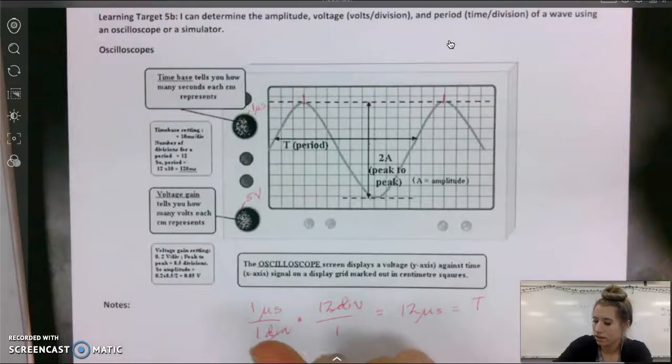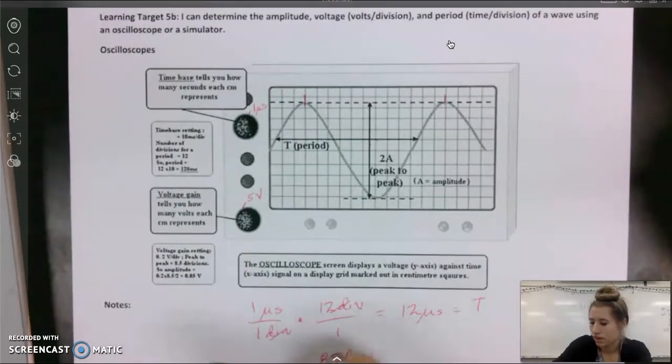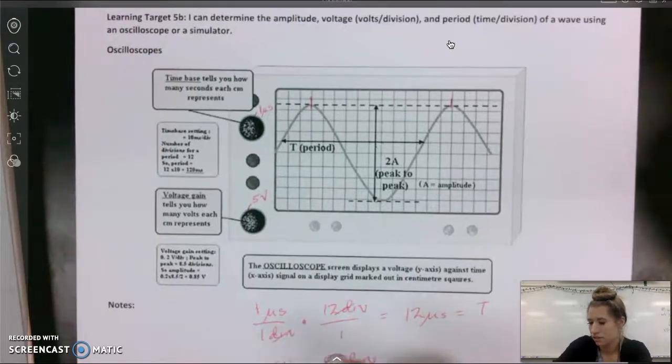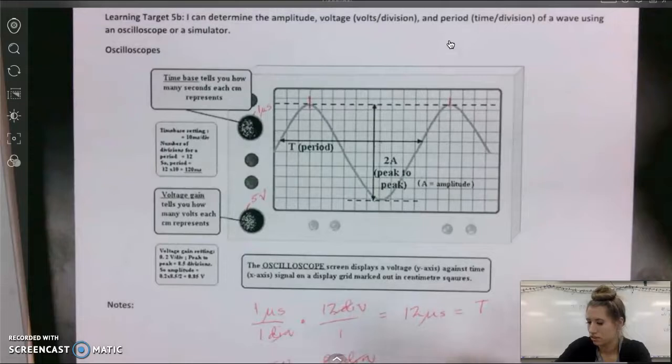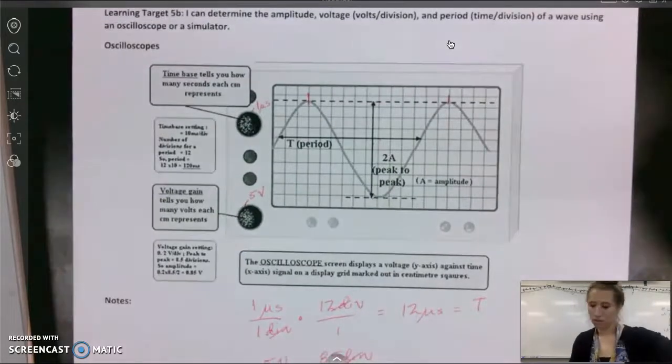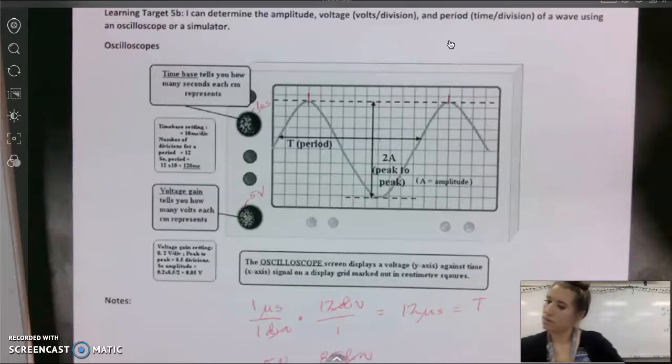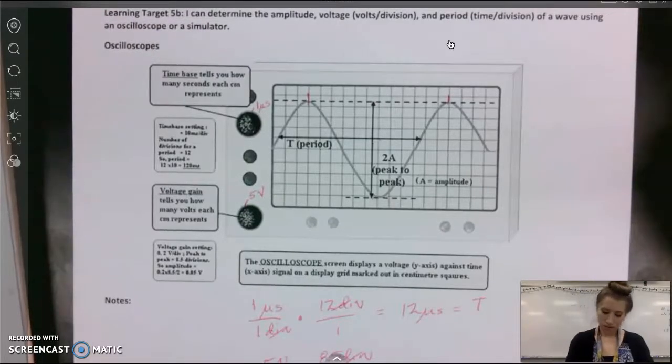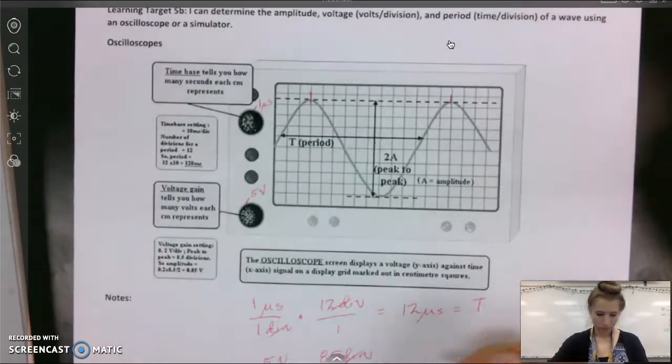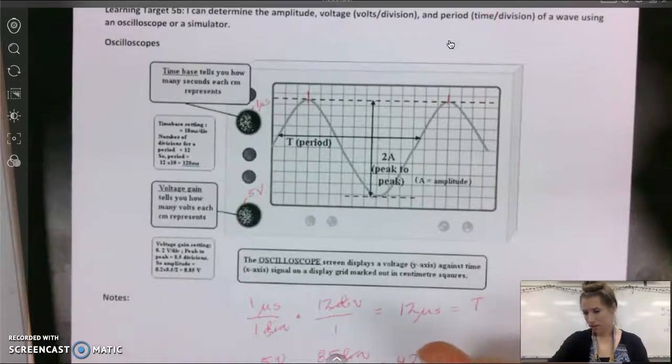So if we have 8.5 divisions, and we know that 5 volts is equal to 1 division, we do 5 multiplied by 8.5, which is 42.5 volts, and this is a peak to peak voltage.